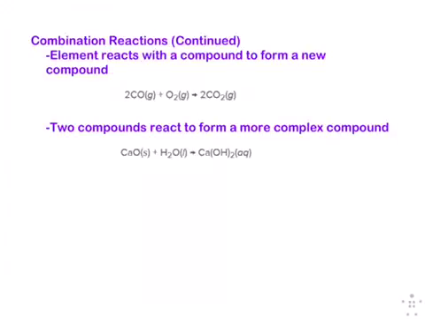The point being with combination reactions is that you only will have one product. So we can combine 2 compounds to create a more complex compound as long as we still only have one product. You could have 3 reactants and it still be a combination reaction as long as you still only have one product.